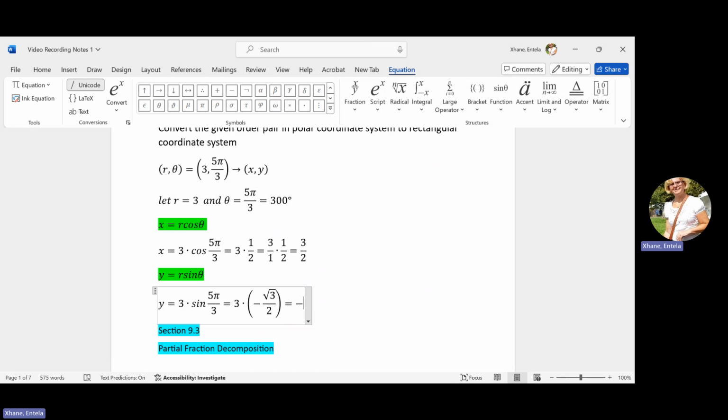Again, it's a great idea to write 3/1, changing it into fraction form, and then multiply it by square root of 3 over 2. When you multiply a regular number by a radical form, you just place the number in front of it. So altogether, this is going to be 3 square root of 3 over 2.